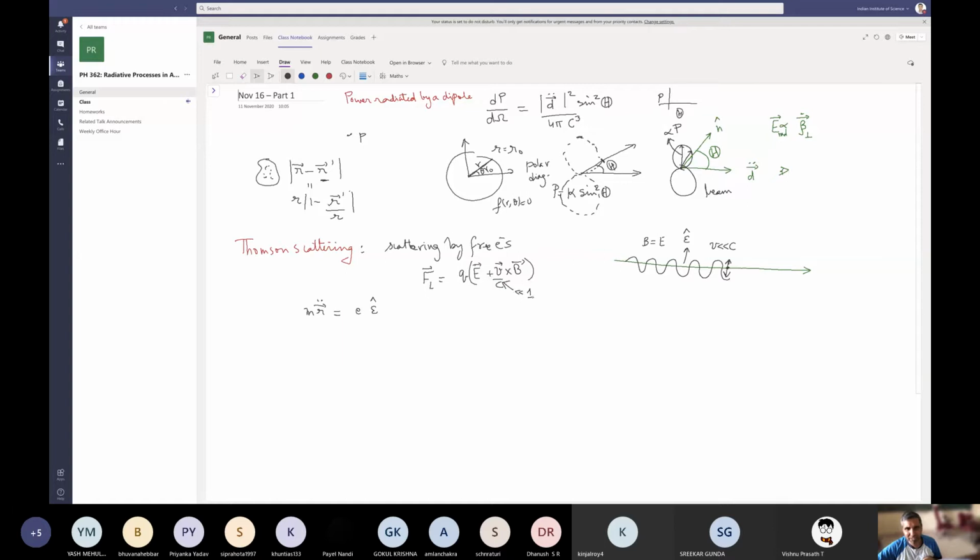Okay, so that's one assumption. So v by c is much less than 1. This is true if E is sufficiently small. Basically, you cannot apply it to high intensity lasers, for example, but you can apply it for light coming from the sun and so on. They're not extremely intense radiation sources.